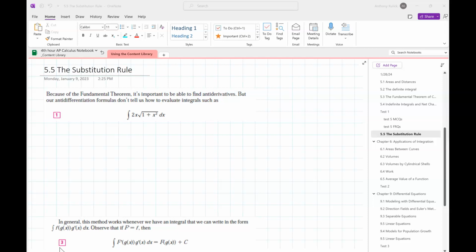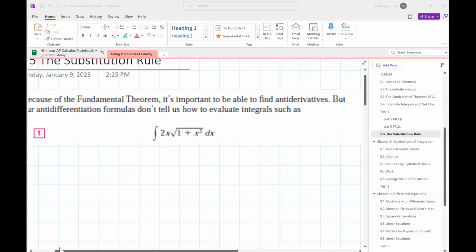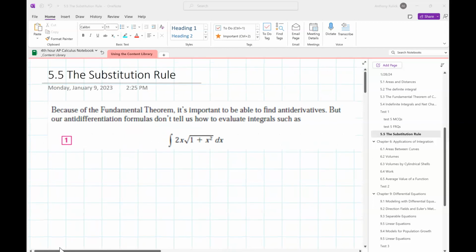So 5-5 is the substitution rule. Right now, while we've been talking about integration, if we tried to integrate a problem that looks like this, our integration rules are not going to help us, right? I can integrate 2x.